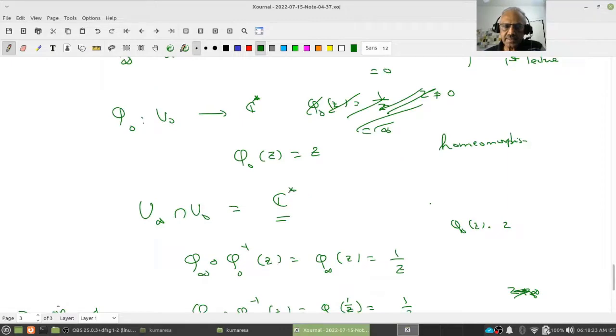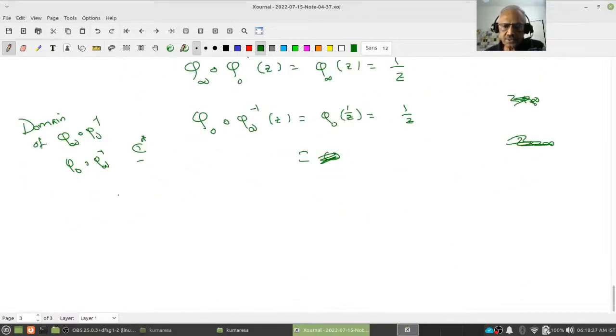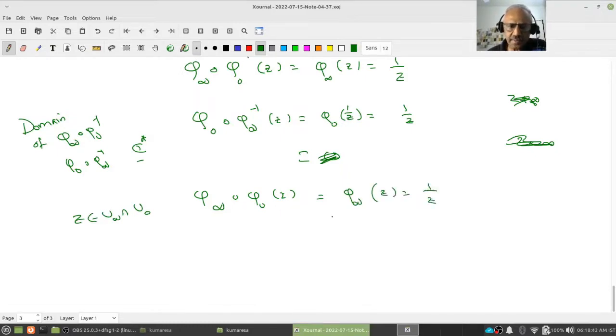You follow that? Just to make sure you understand, let me go through phi infinity of phi 0 of z, where z is in U infinity intersection U0. That is going to be phi infinity of z, which is just 1 by z, because this is C star. Therefore z cannot be infinity.